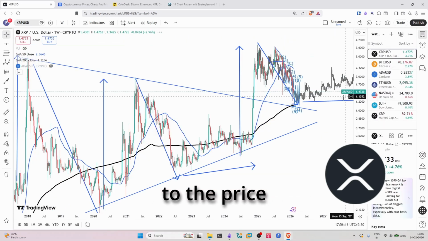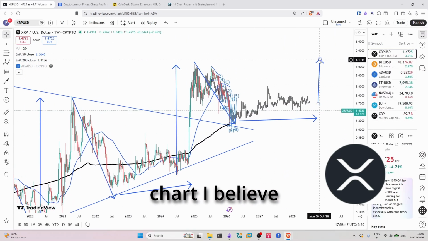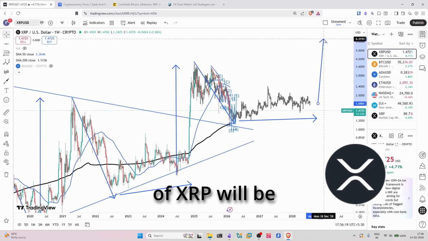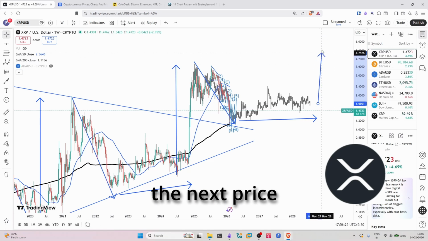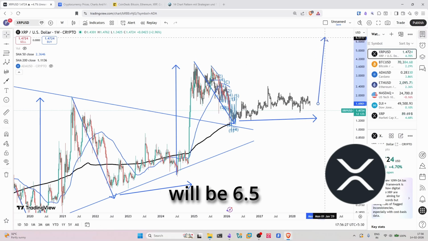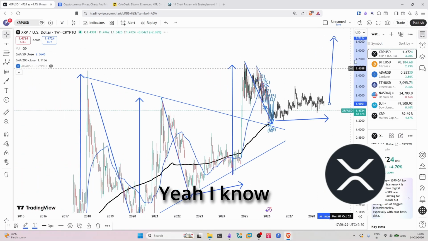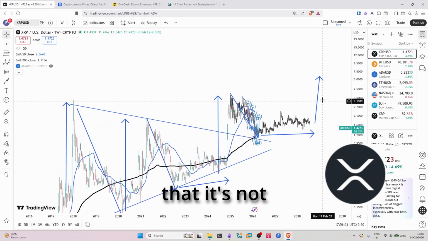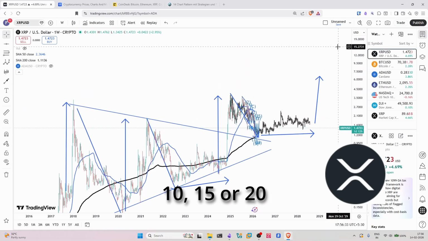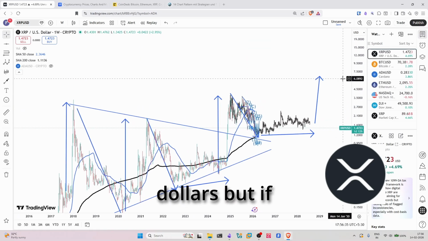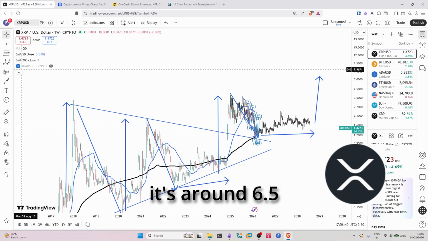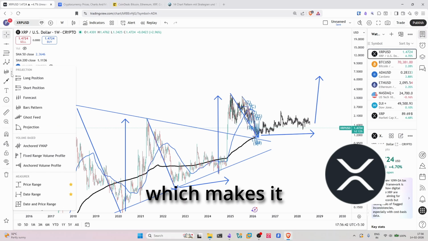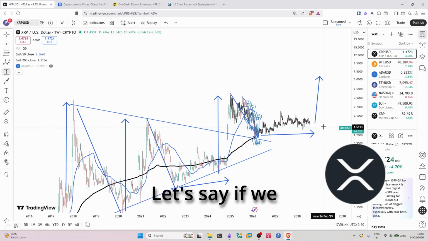So if I go back to the price chart, I believe the next price target of XRP will be $6.5. Yeah, I know that it's not 10, 15 or $20, but if you adjust it with inflation, it's around 6.5, which makes it a return.